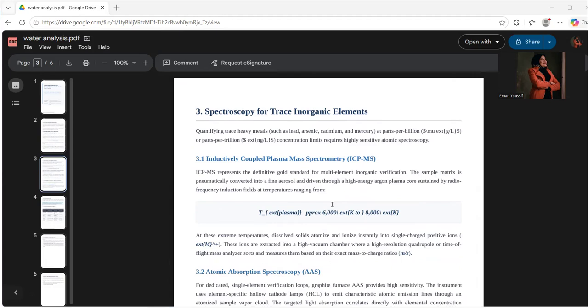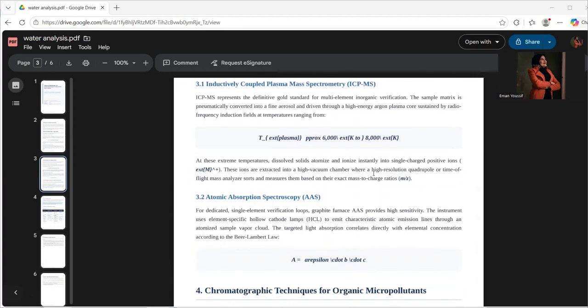The sample matrix is magnetically converted into a fine aerosol and driven through a high-energy argon plasma core sustained by a radiofrequency induction field at extreme temperatures. At these extreme temperatures, dissolved solids atomize and ionize into single charge positive ions.